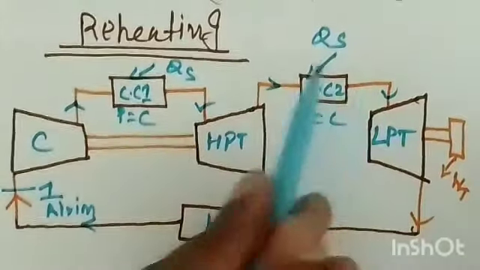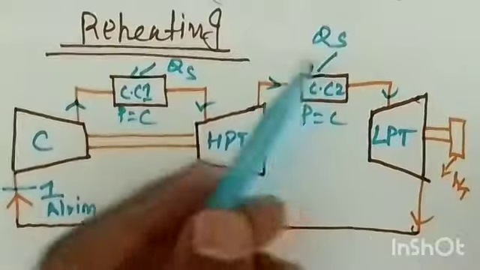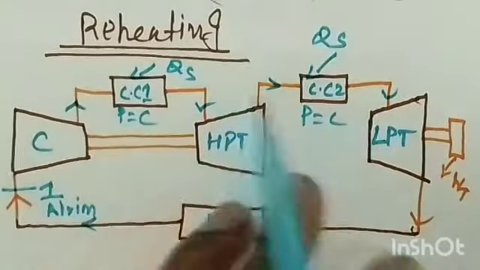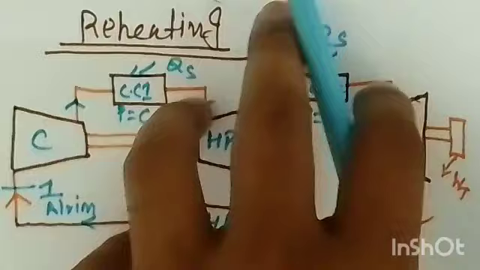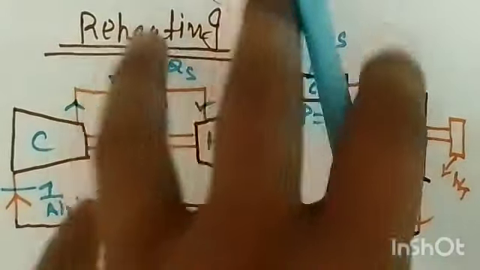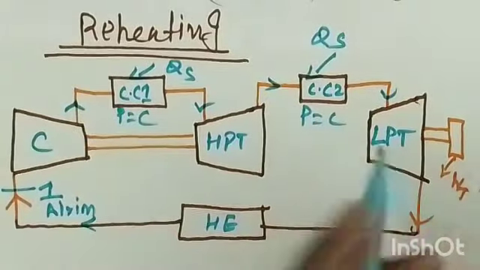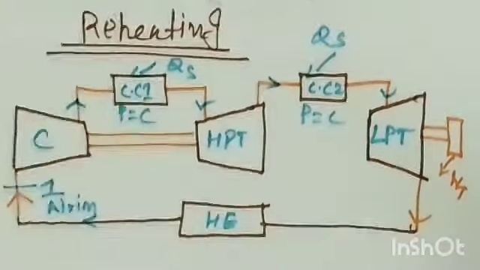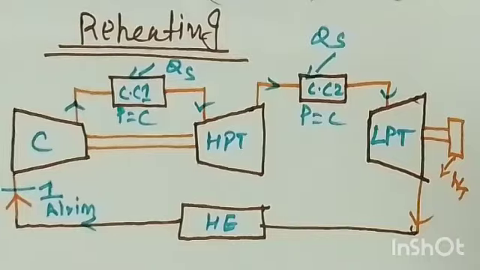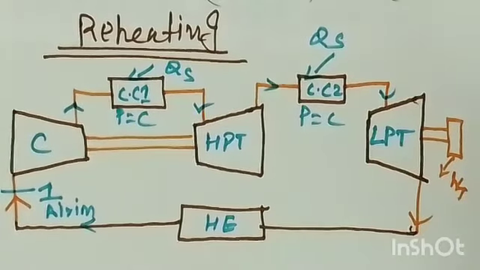Okay, and then the high pressure high temperature air, the hot gases, will enter into the low pressure turbine, it expands the gas, yes, the gas is expanded. Okay, and then the work is produced, the whole work is utilized for the power generation. That's why we call the low pressure turbine the power output turbine.